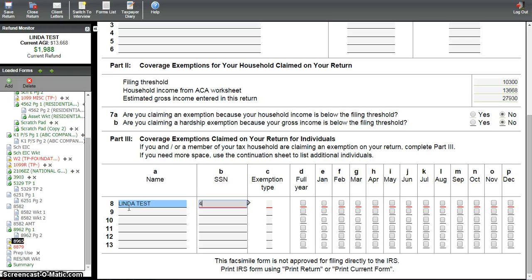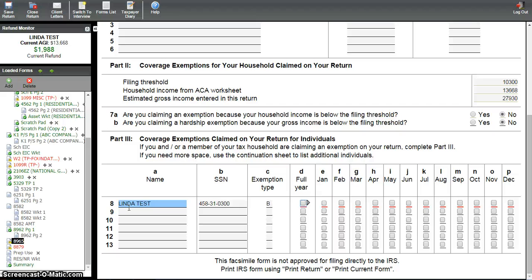So you will fill in her information there, her name and social. It's exemption type B, and the exemption codes are in your Publication 4012 on page ACA 6.